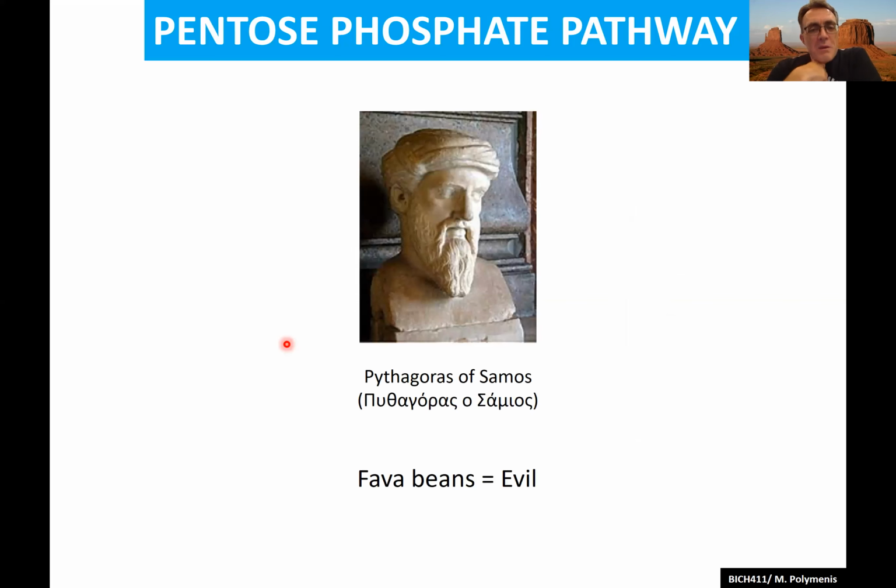And this goes way back to Pythagoras of Samos, of whom, of course, we know the Pythagorean theorem. You've all heard it. It's kind of a cute story, but in addition to being a mathematician, he was also a cult leader of sorts, pronouncing all these edicts for his followers, one of which is don't eat fava beans.